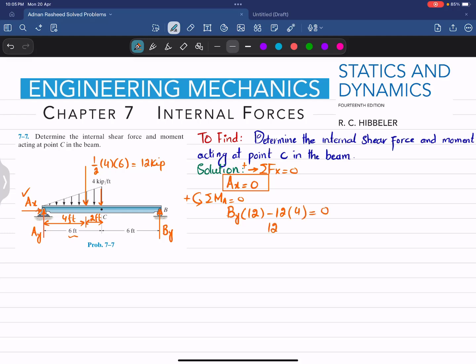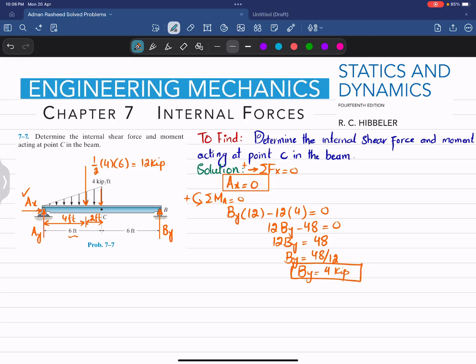So 12 BY minus 48 is equal to 0, and 12 BY is equal to 48. Dividing 12 on both sides, we get BY equal to 48 divided by 12, and this will give you 4. The unit will be kip.